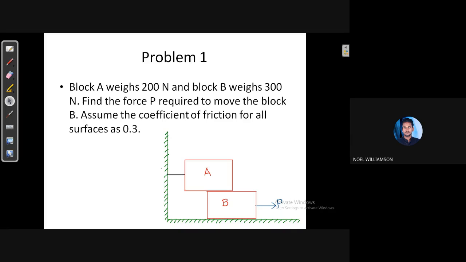There will be 2 or more bodies interconnected, and we are applying a force to one of the bodies. Then we will analyze the movement or the frictional force applicable on the surfaces of contact.